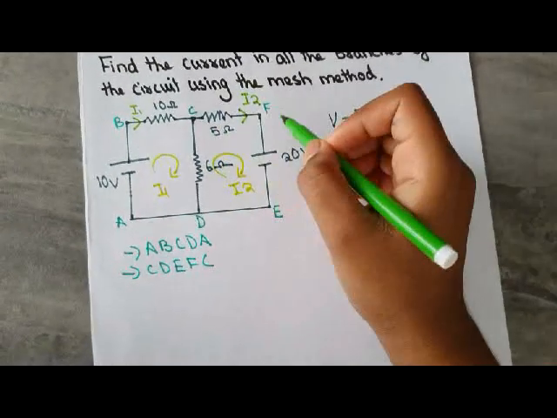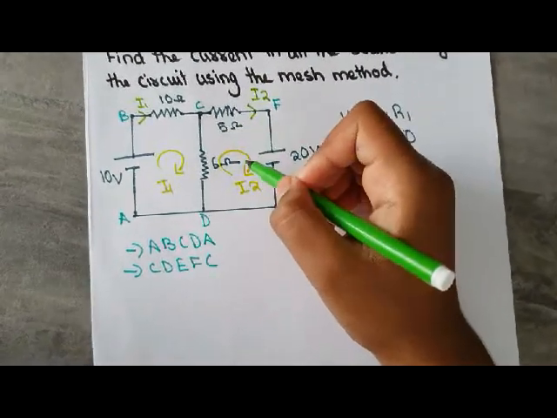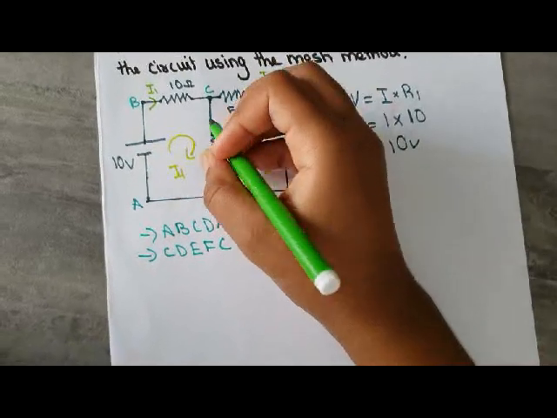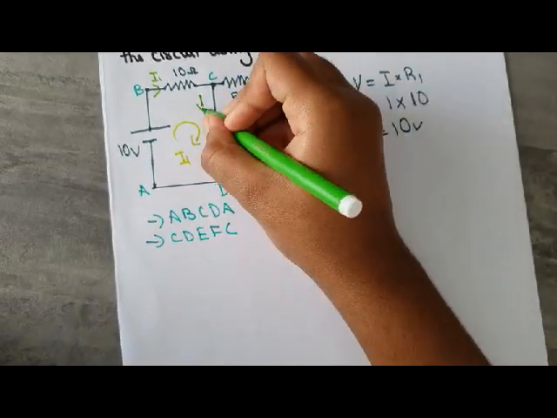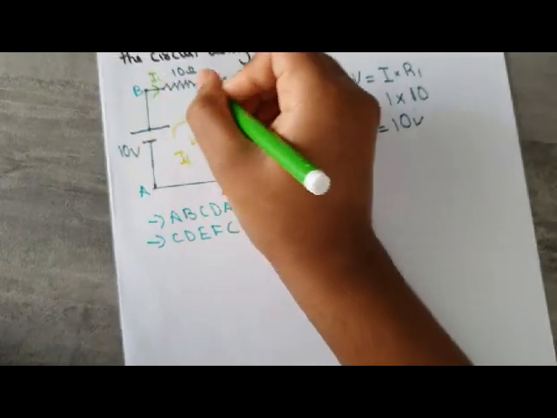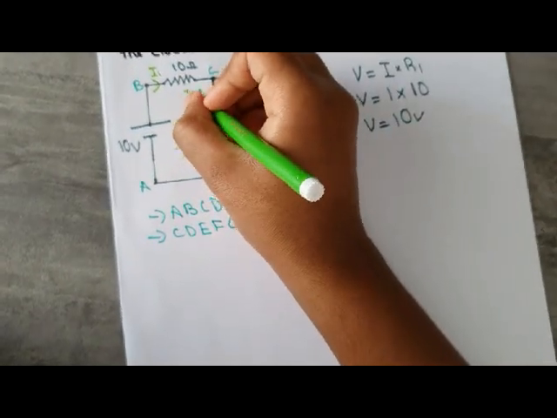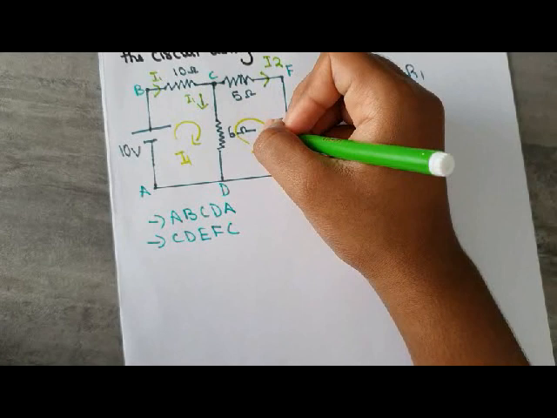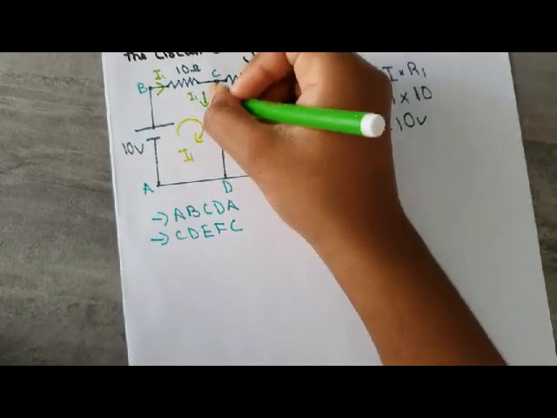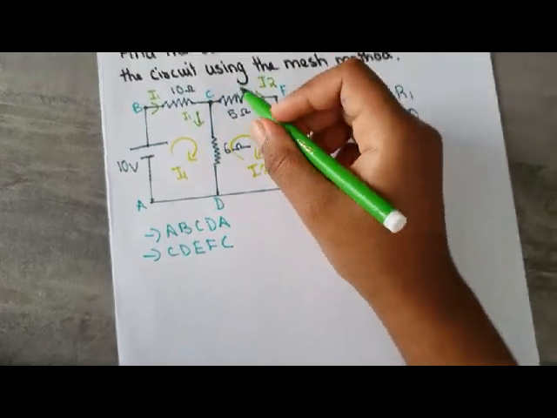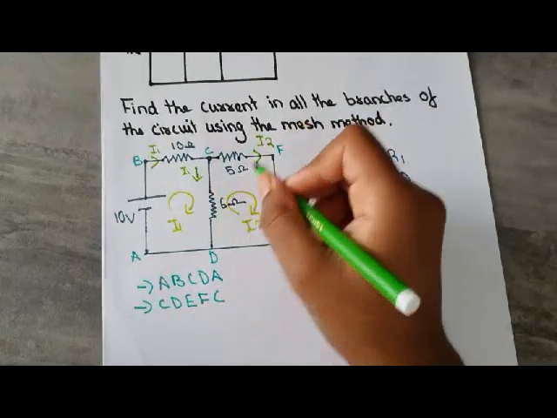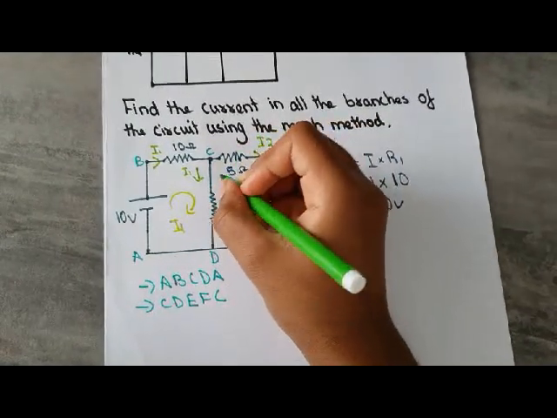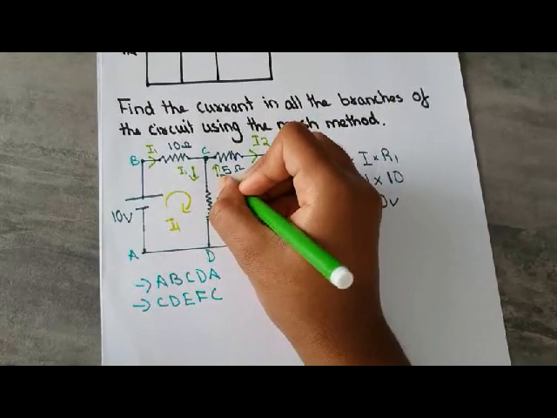Next is C to D. In C to D, there are two currents passing. First one is I1 that's passing downwards. Next is I2 that's passing upwards.